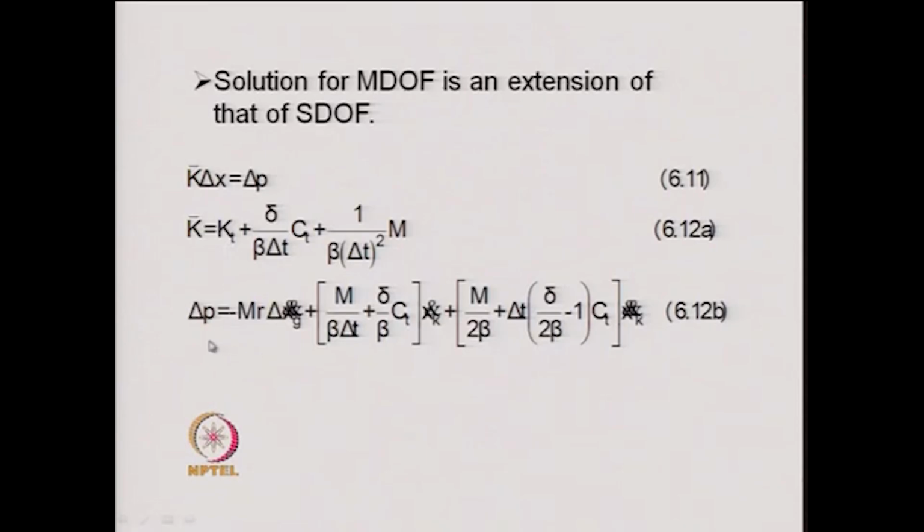Similarly, the delta P vector consists of minus m r delta x double dot g, where r is the coefficient vector, m is a matrix, and ct is again a matrix. So, whatever m, c and k we had in the case of a single degree of freedom system are replaced by the matrices m, c and k. The rest of the definitions of other parameters remain the same.